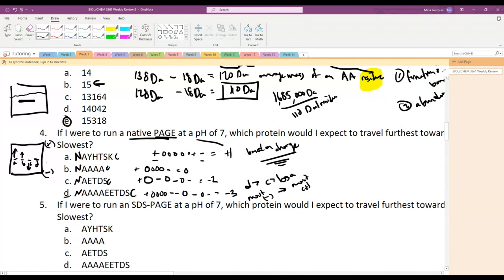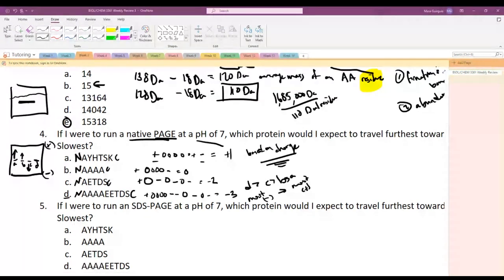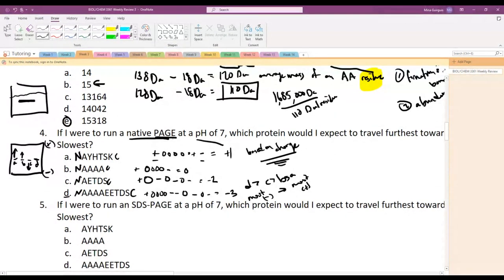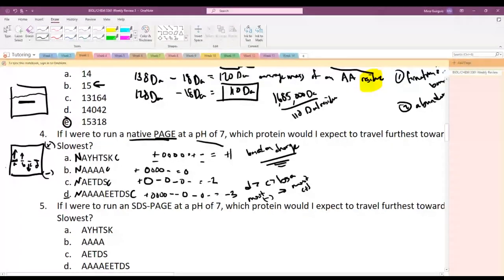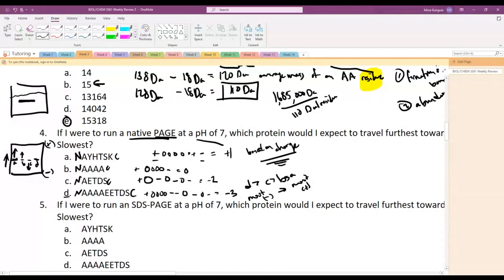And the reason it does is if the charge is the force being applied. So I am going to bring in some physics, I apologize. So the charge is the force being applied on this gel electrophoresis. So what we're saying here is A, over in this well over here, A is being pushed upward, okay?